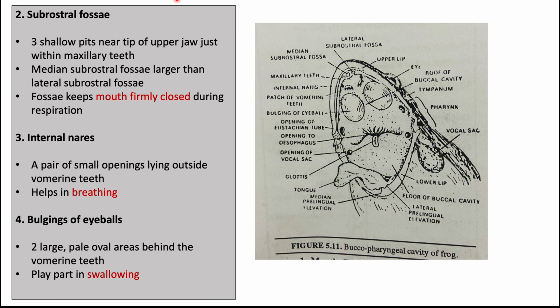Now the second part of the buccal cavity was subrostral fossae. Look at these three rounded structures, 1, 2 and 3. These three shallow pits are present near the tip of the upper jaw, just within the maxillary teeth. We can see the lateral ones are smaller and the median one is larger.